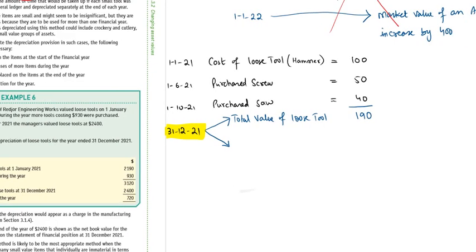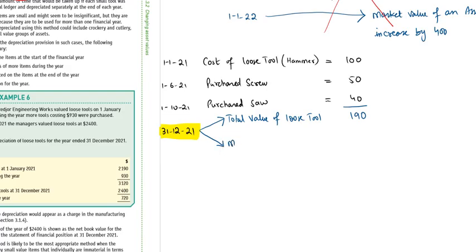And at 31st December 21, the value of loose tools, the market value of loose tools, for example, is 160.